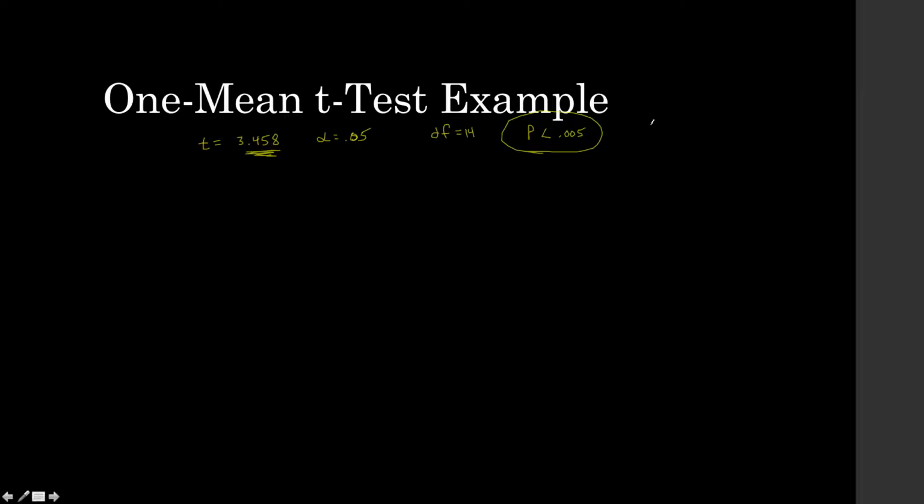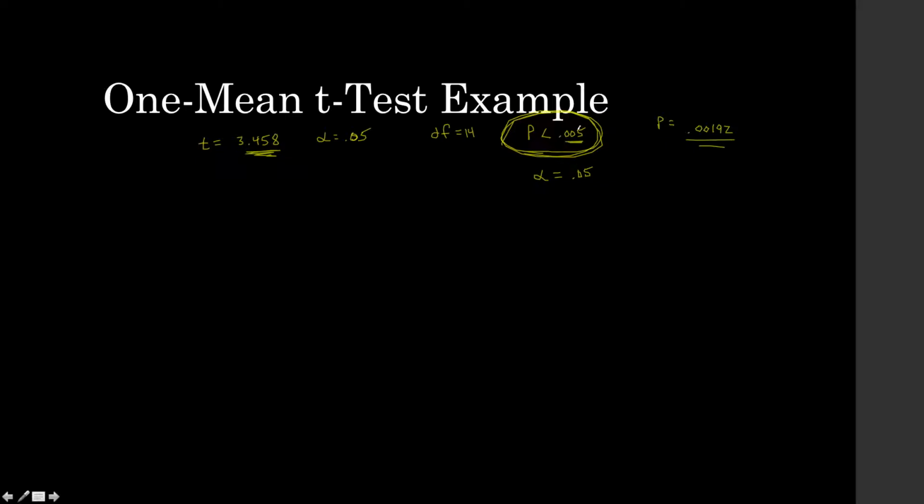And if you used technology, you could find the actual p-value. You can use your calculator to figure out what it is, but normally you wouldn't be able to figure that out. So p has to be less than 0.005. Well, our significance level is 0.05. No matter what p is in this interval, this is the highest p could be.